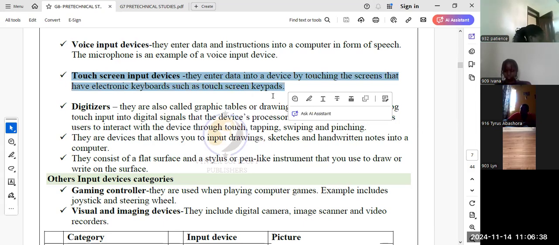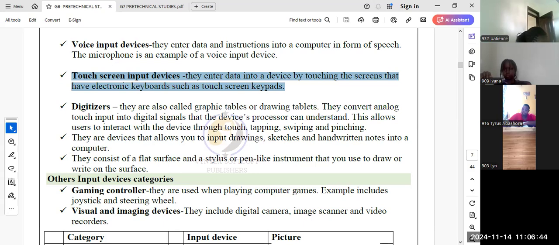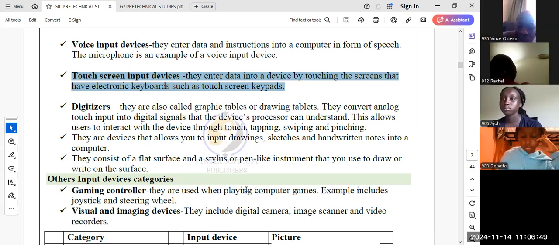A good example is the smartphone. The phones that you use have a touch screen input. For you to type, you first touch on the screen, it launches the keypad, then you can type. We call that touch screen input.